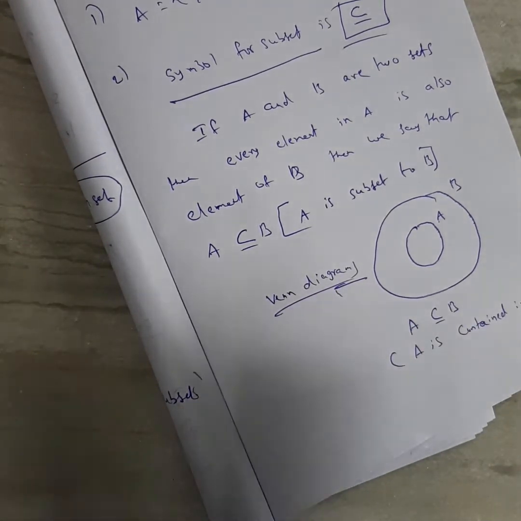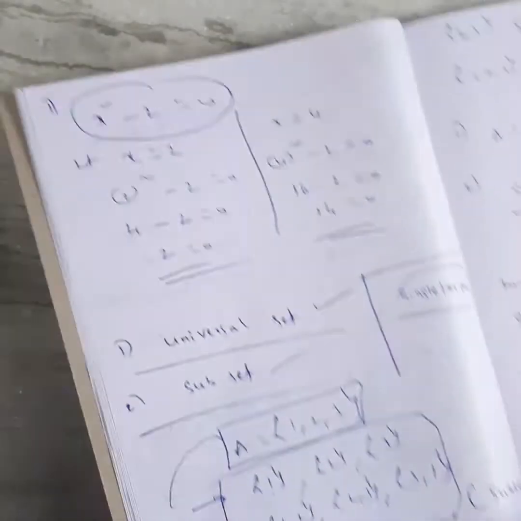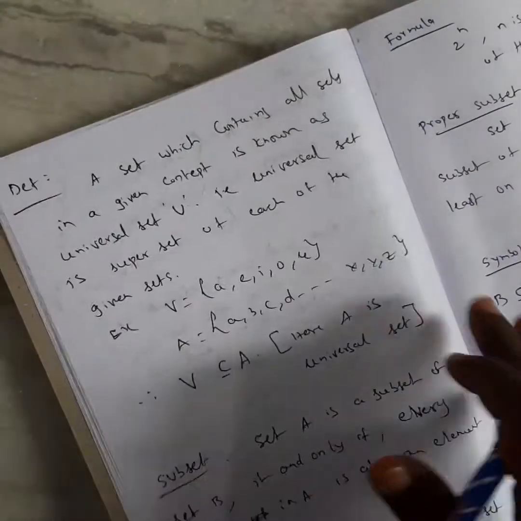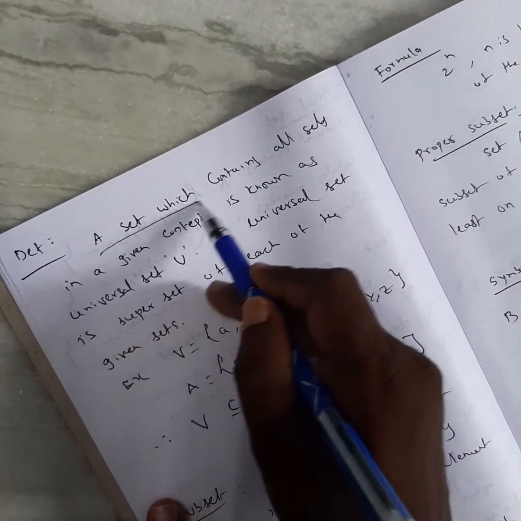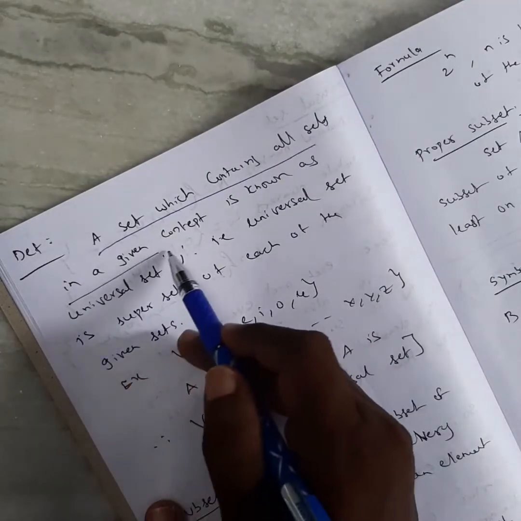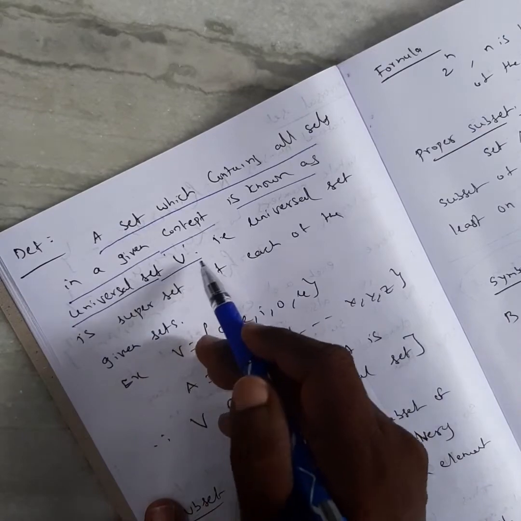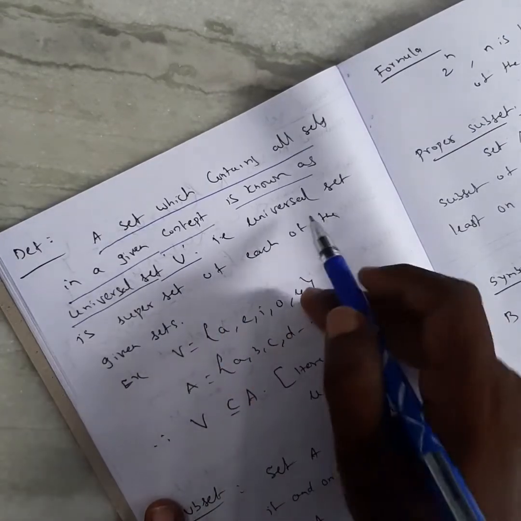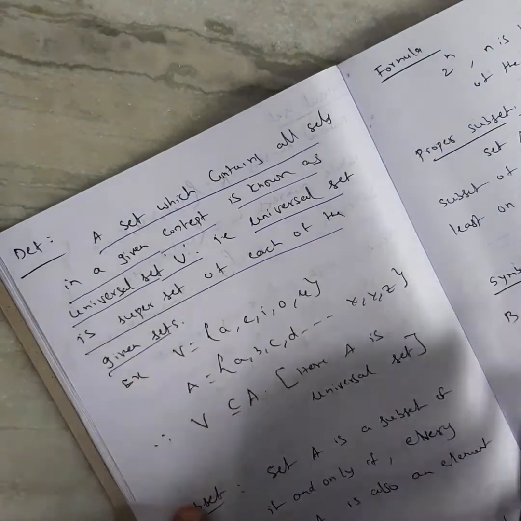So children, let us now discuss this again. A set which contains all the sets in a given context is known as the universal set, denoted by the symbol mu. The universal set is a superset of each of the sets.